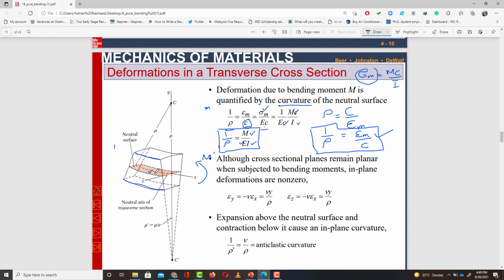Again, if you see that the length is decreasing longitudinally along the x-axis in the upper portion, but in cross section you can see that this length is increasing. Similarly, length is increasing in the longitudinal axis below the neutral surface, but again in the transverse direction the length is decreasing.